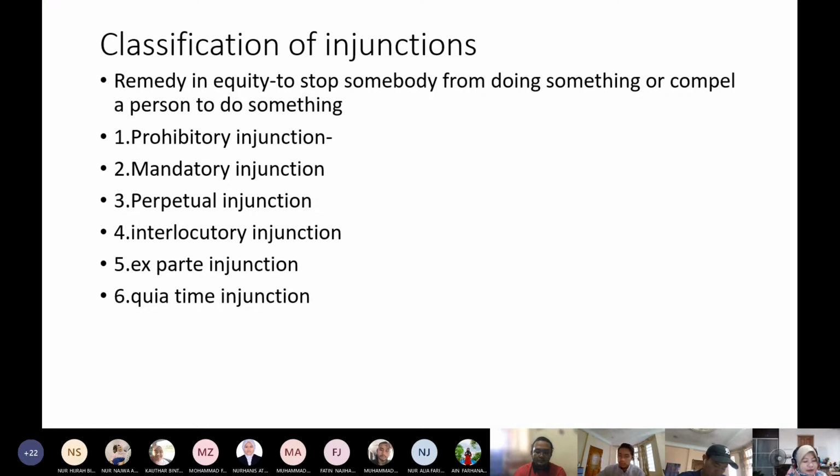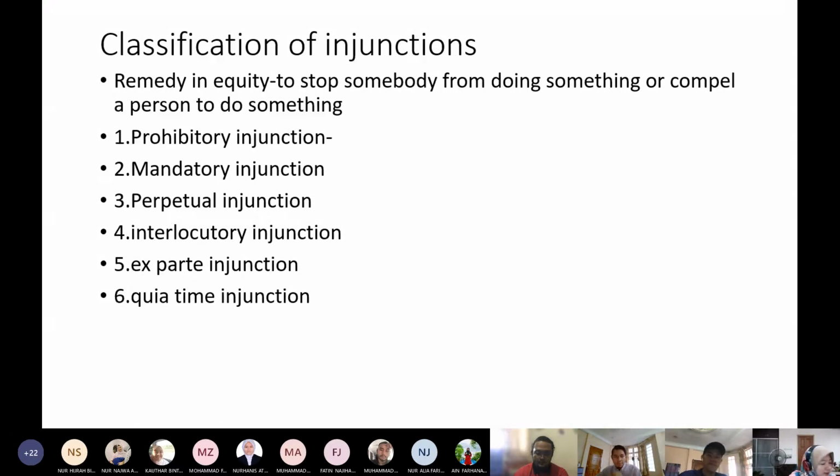Mandatory injunction is governed by Section 53 of the Specific Relief Act 1950. I'm going to put that in the notes. A prohibitory injunction is Section 52. And then a perpetual injunction is also known as a final injunction. It lasts forever.